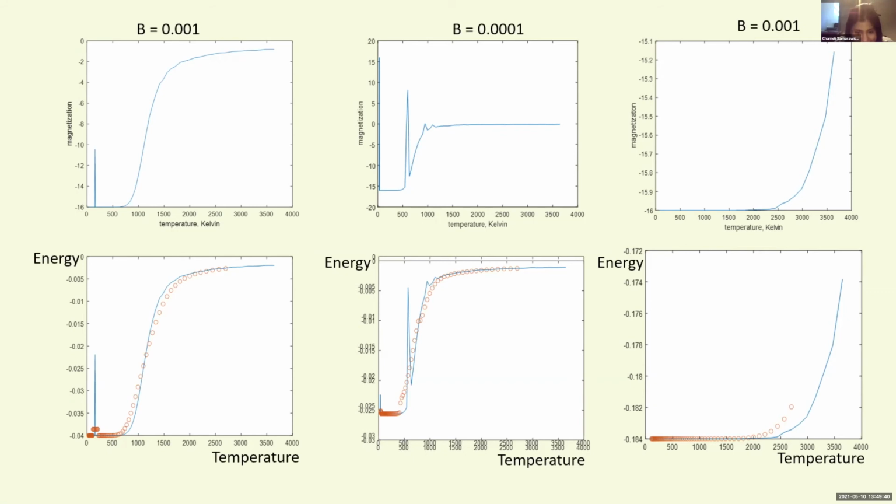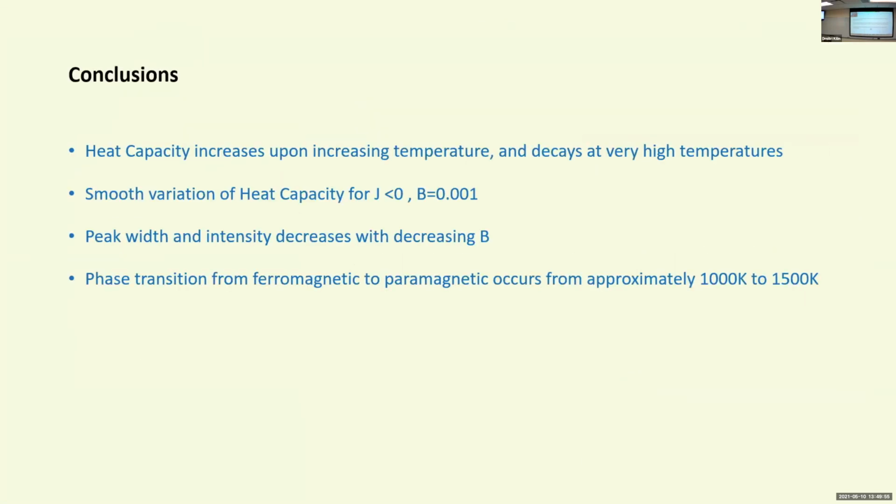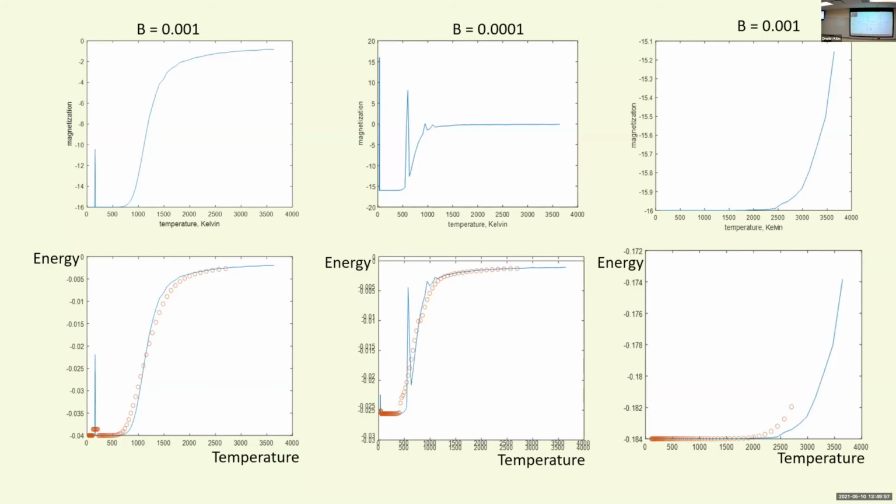Okay. More questions to Chameli? Yes. On the graph that you're currently showing, and in your table in your project, can you explain the spike in magnetization at approximately 500 Kelvin, or B equal to 1,000?